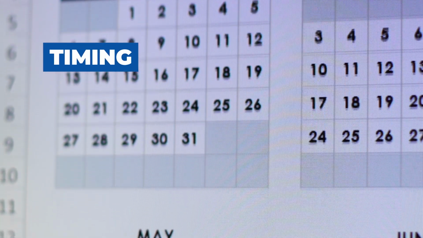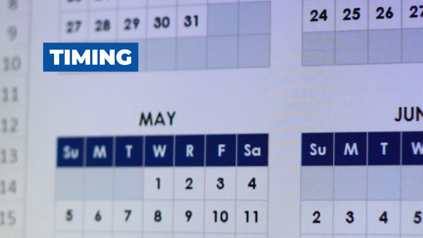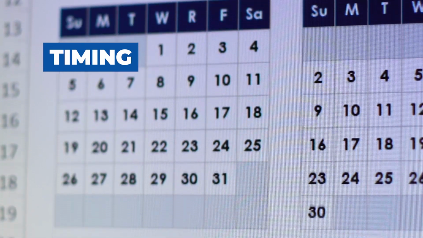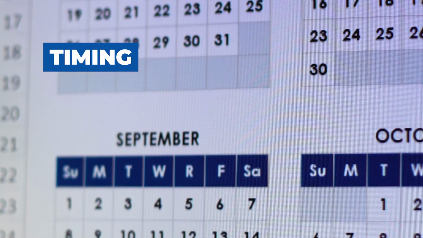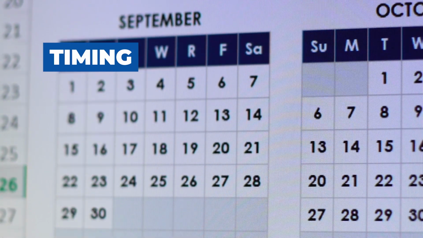And the last thing to consider when you are setting your rental price is timing. In different seasons, you are going to demand a little bit more rent than you would in other seasons. Simple economic supply and demand: the more demand you have, the higher the price you're going to get. Most people do tend to move during the summer months.